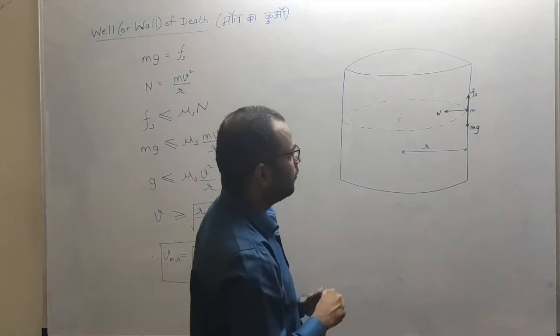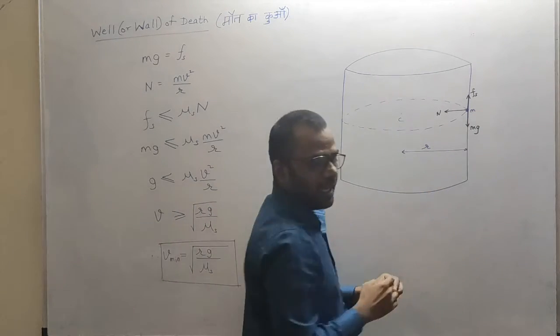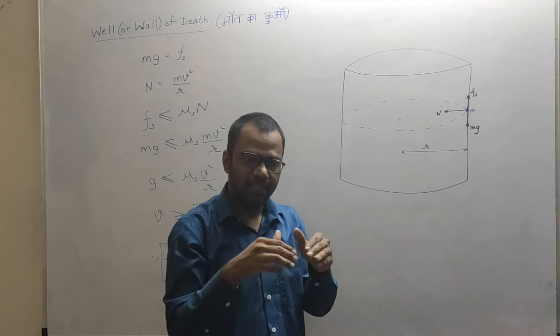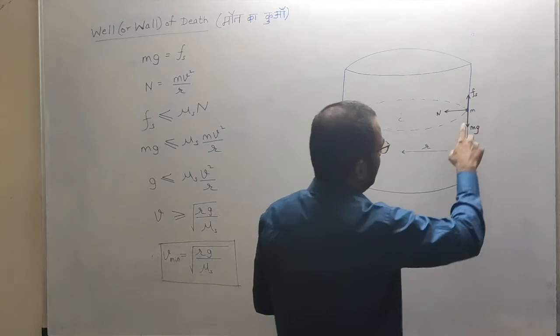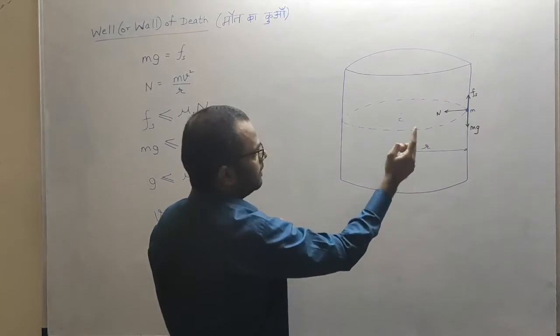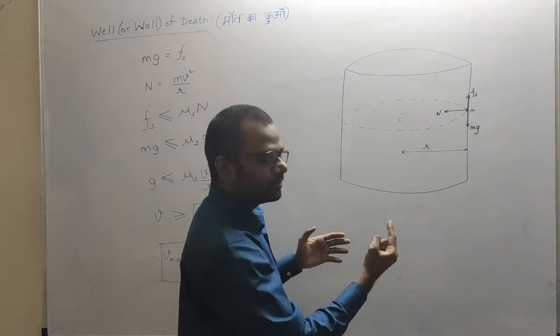Now for simplicity, we are considering it to be a particle. M is the mass of the vehicle as well as the rider. It is the combination of mass of the vehicle and the rider. Now this particle M is performing circular motion in this direction.